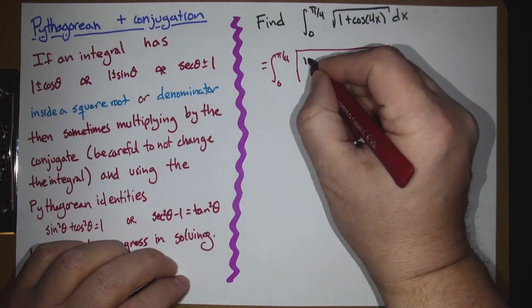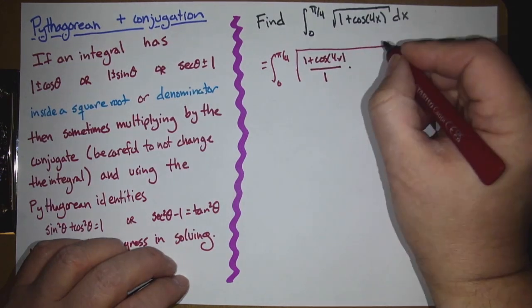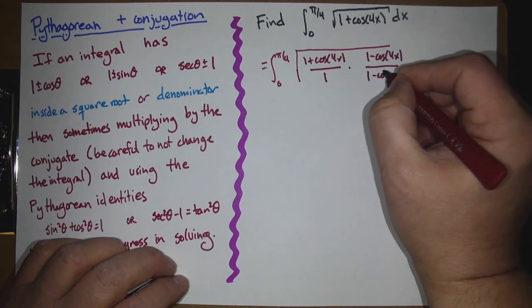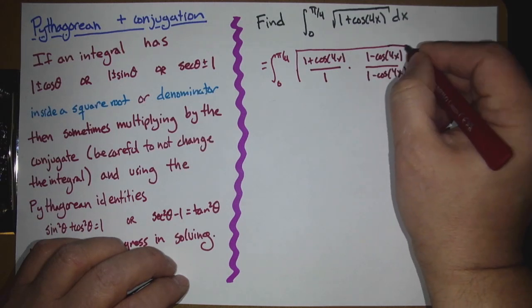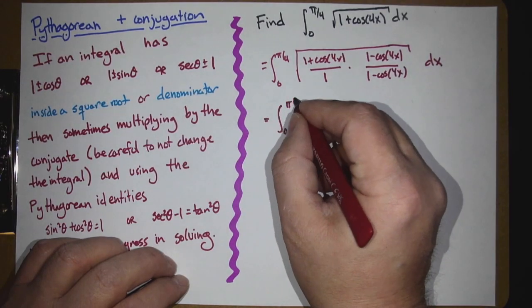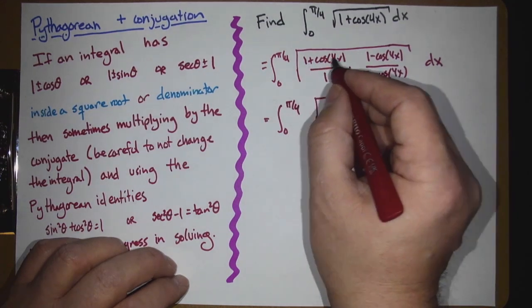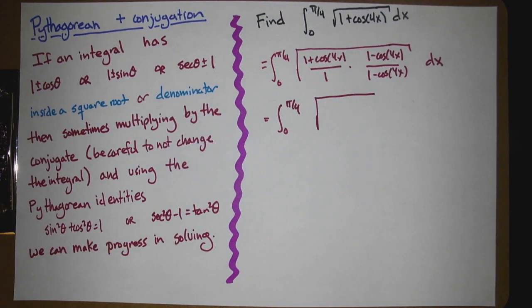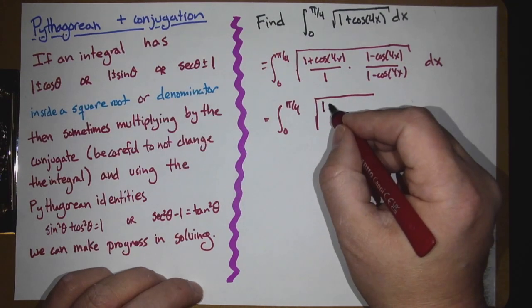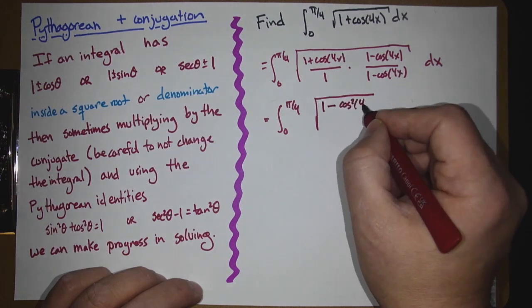Okay, so thinking of this as 1 plus cosine 4x, we'll throw a 1 there, because we're going to multiply top and bottom. We'll do it inside the square root. It's a big square root. There's enough space. So upstairs, 1 plus cosine 4x times 1 minus cosine 4x becomes 1 minus cosine squared 4x.